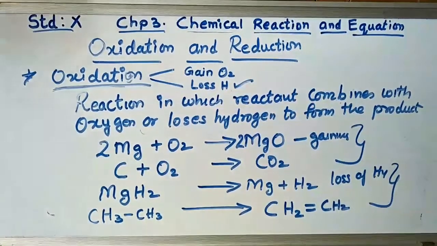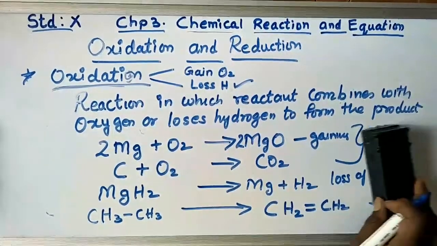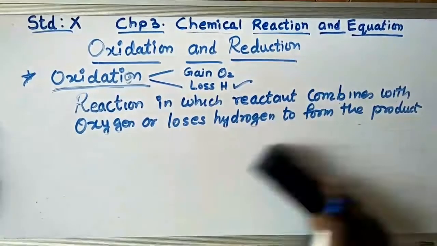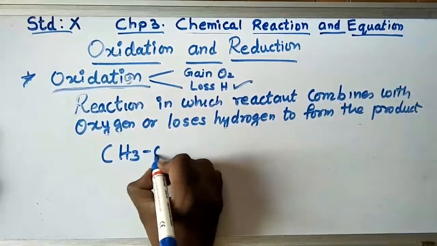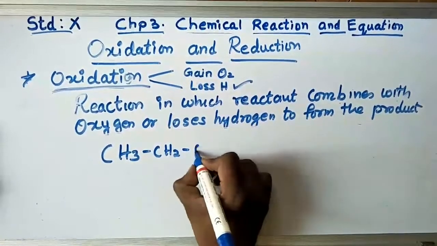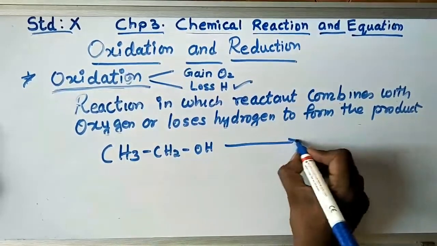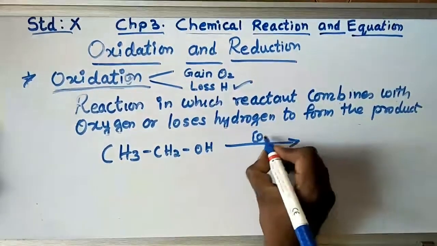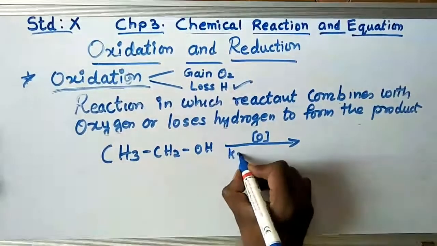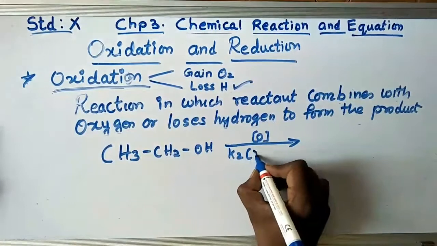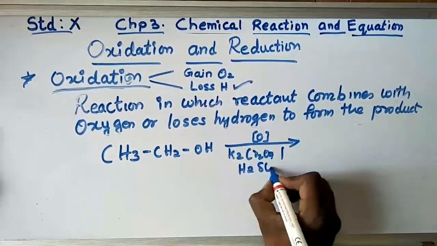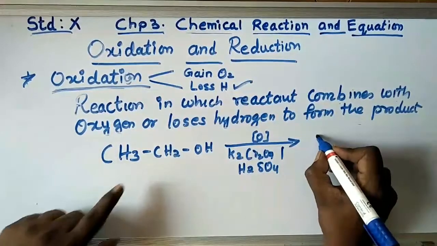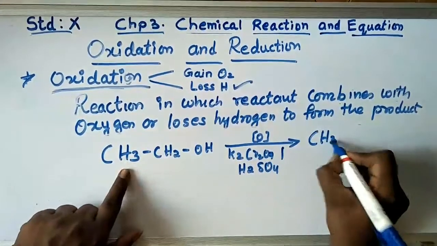Now let us take some more examples of the oxidation reaction. CH3, CH2, OH. When oxygen is added in the presence of potassium chromate or sulfuric acid, the reaction becomes CH3.